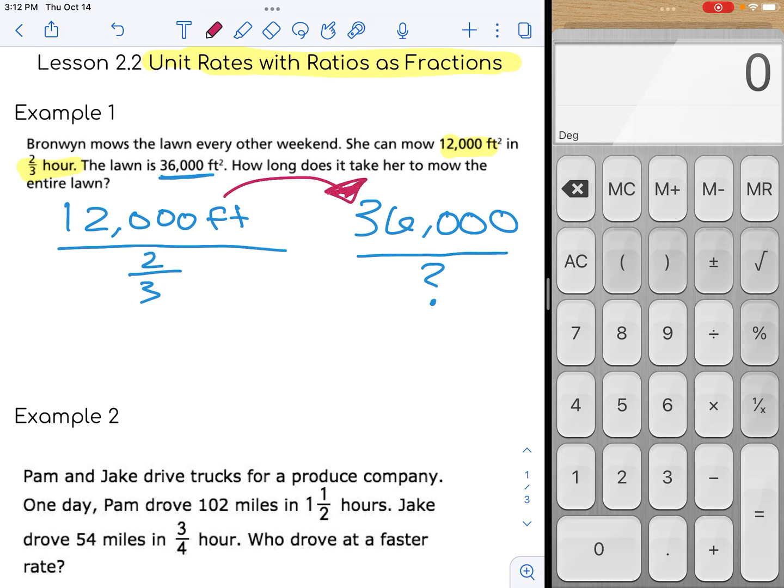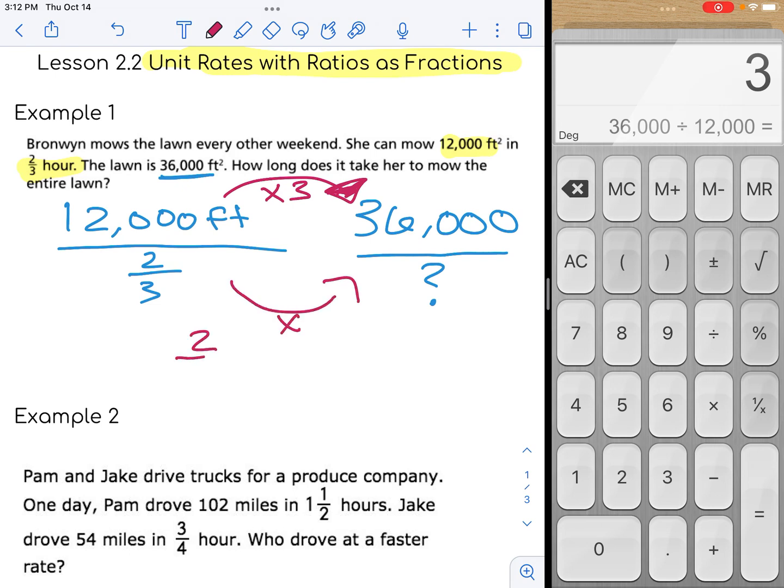If I don't know that off the top of my head, I can use my calculator and divide 36,000 by 12,000. And that tells me that I am multiplying 12,000 by 3 to get to 36,000. With rates and ratios, whatever you do to the top or the bottom, you have to do to the other.